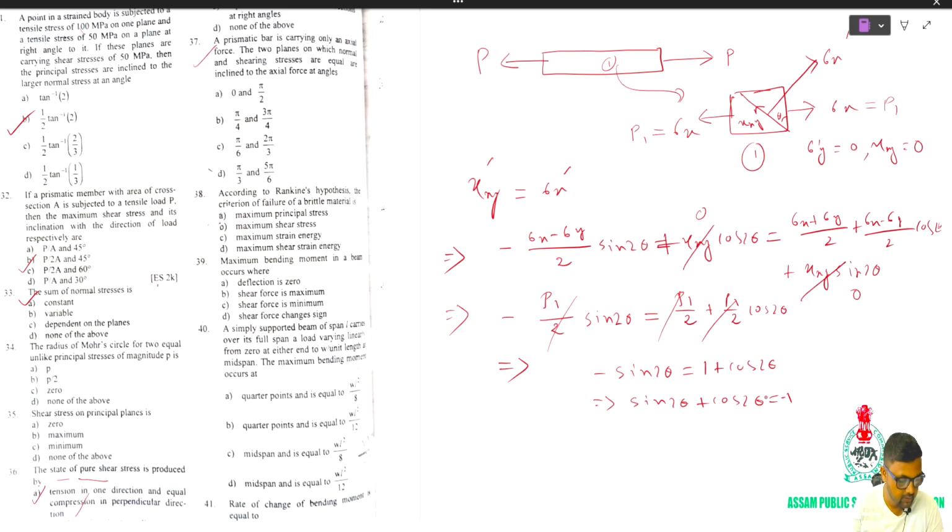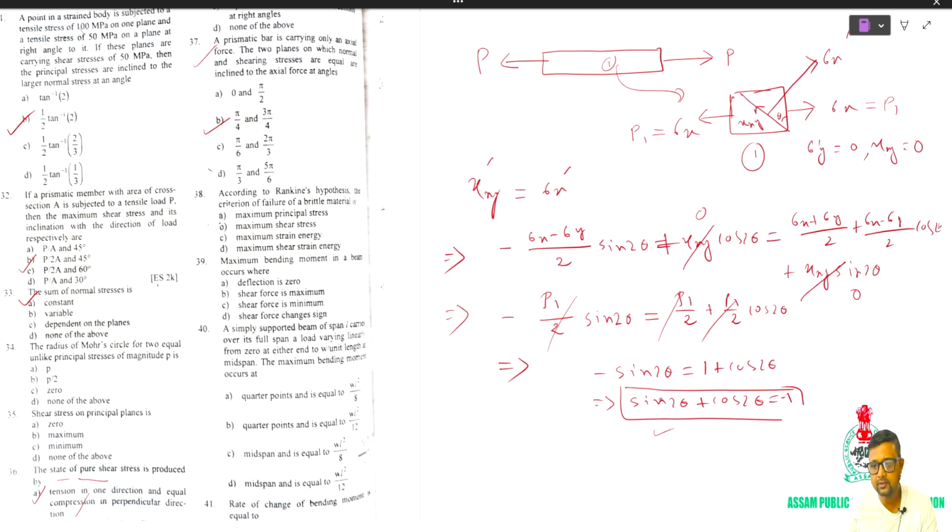Okay, minus 1. And if you look at this equation, only option B satisfies this. If you put all the values from the options, then you'll find that only option B satisfies this equation, right? So answer will be what? B. That is the way you have to solve the question.